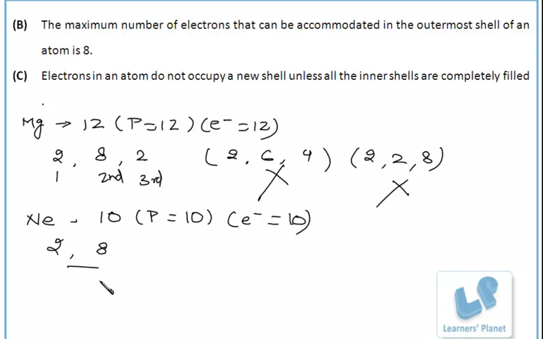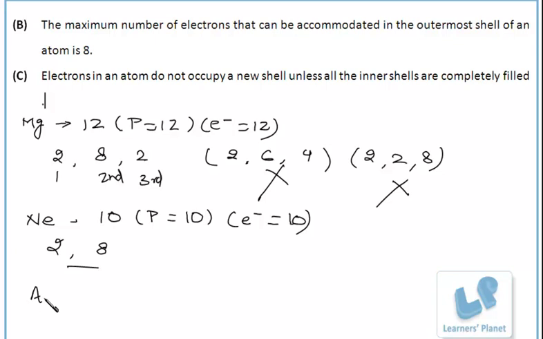So this atom of neon has 8 electrons in its outermost shell. That is why it is stable. Students, it also determines the stability of an atom. Atoms with 8 electrons in their outermost shell are stable, whereas the others which do not have 8 electrons in the outermost shell are unstable.